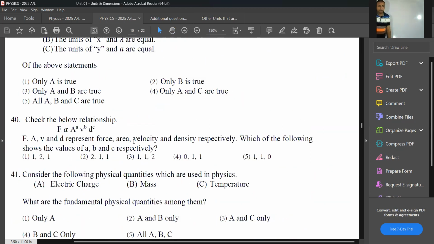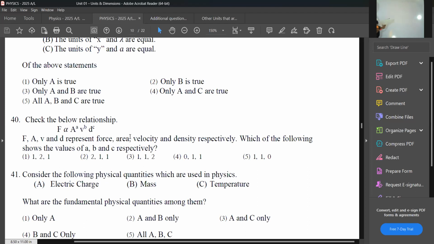Then what about question number 40? What is the correct answer? Here, there's another mistake. Not a mistake, but it is not given. You have to consider the proportionality constant is equal to 1. Proportionality constant K is equal to 1.